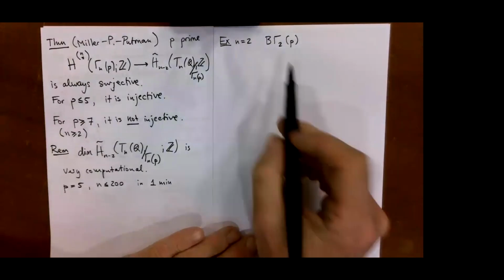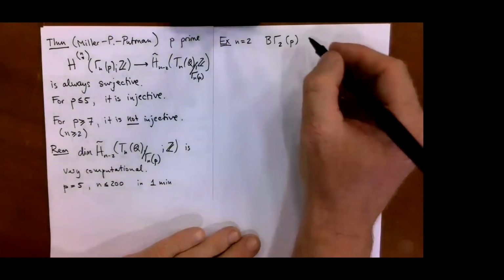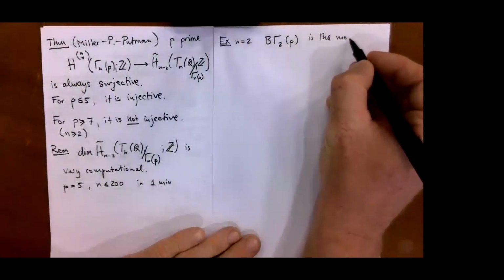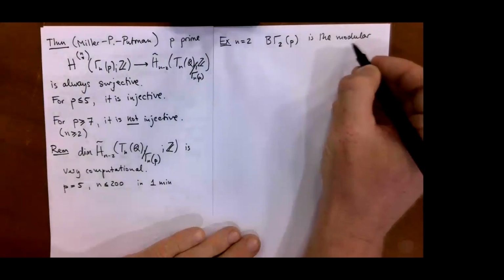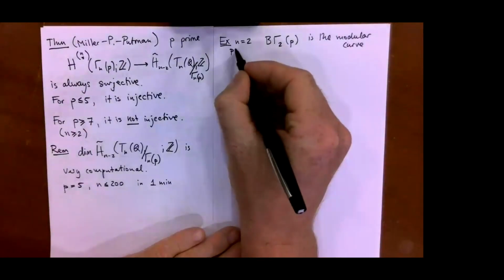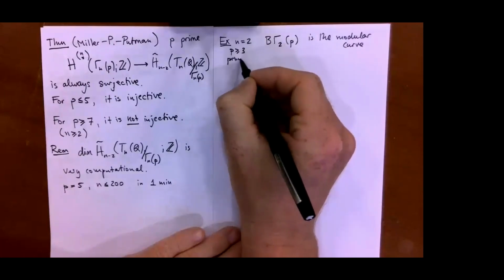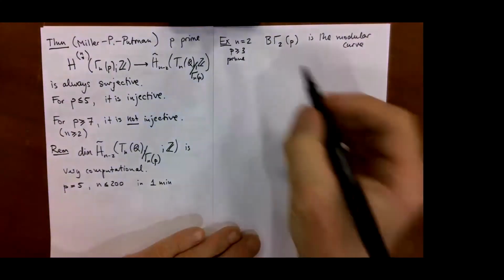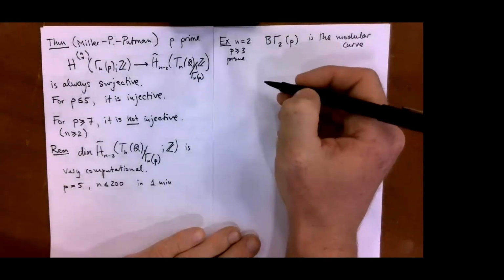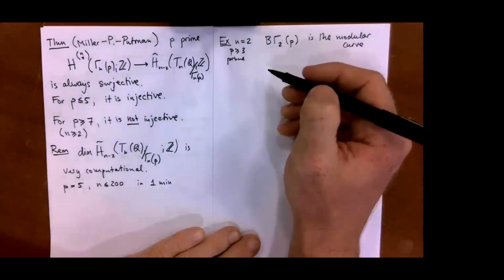Well, the classifying space of this group is the modular curve. Let me take p at least 3 and prime. What is the modular curve? A curve is meant in the complex sense, so this is actually a surface, a Riemann surface.